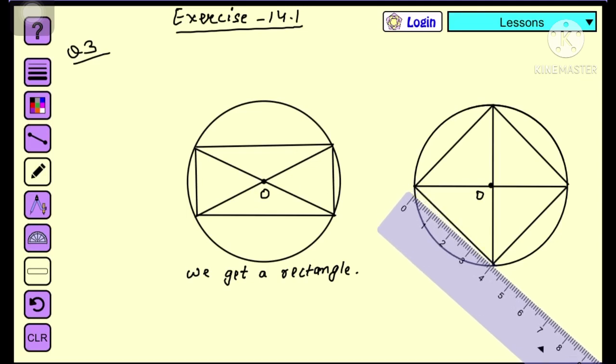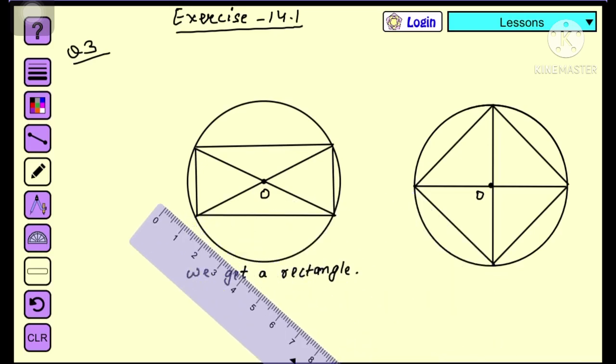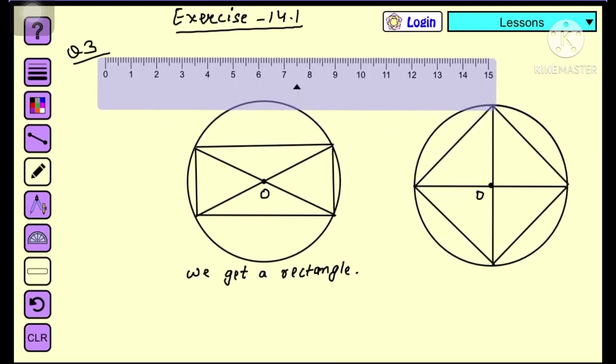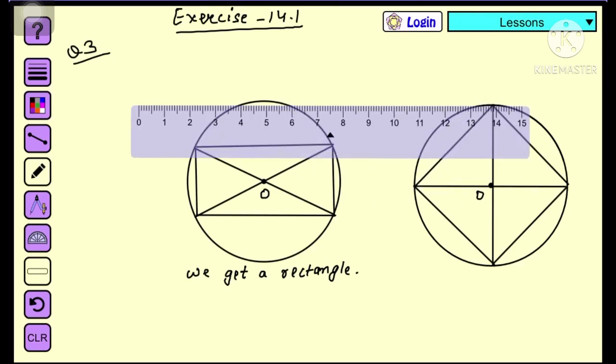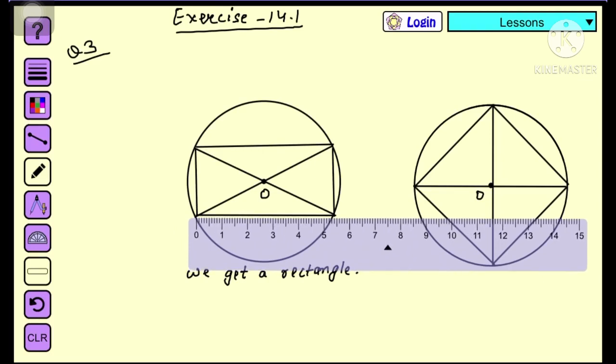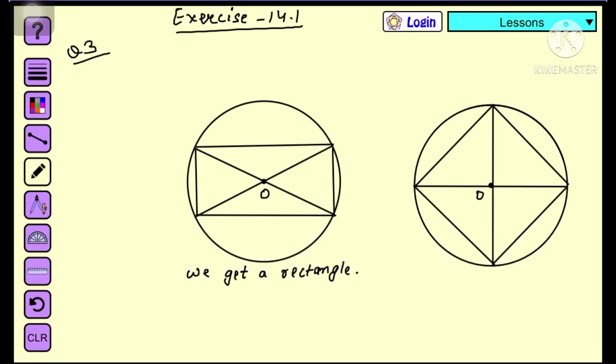This one is also 4, and in this one the side is 5.5 centimeters, and the breadth, you can clearly see, is less than 5.5. So in the second part we got a square.